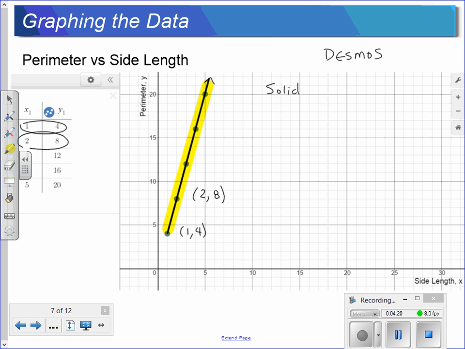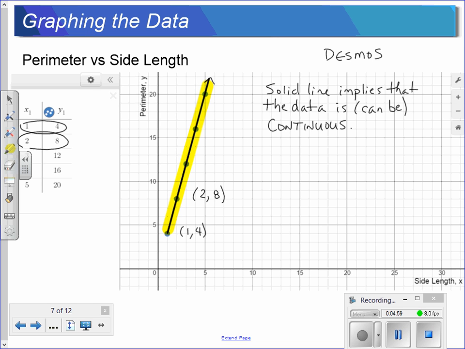A solid line implies that the data is, or in this case can be, continuous. What that means is that we could use any values for side length.